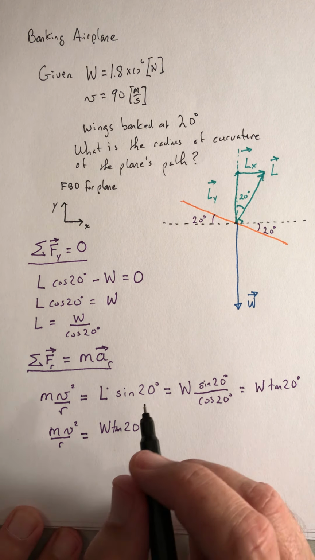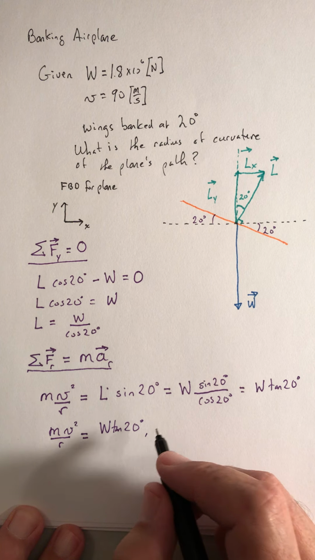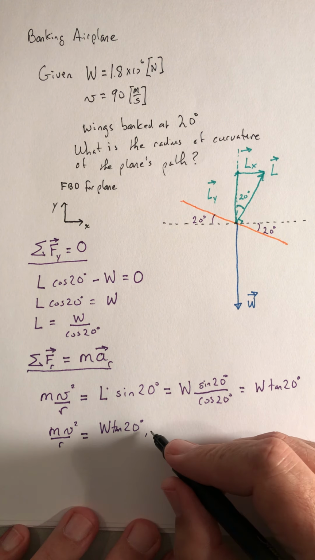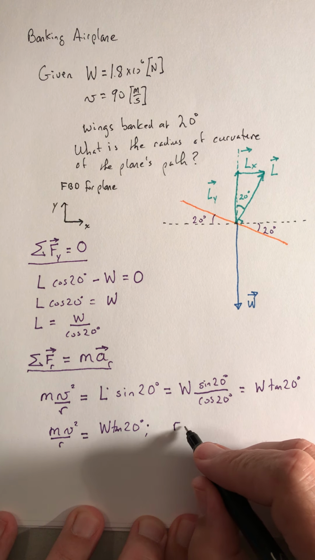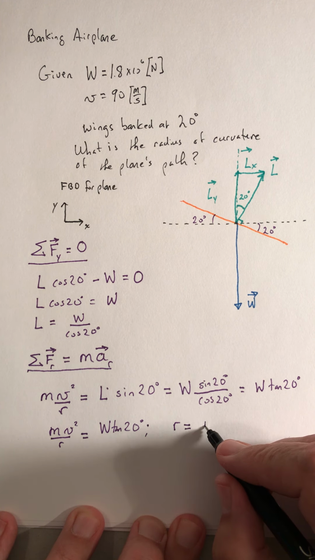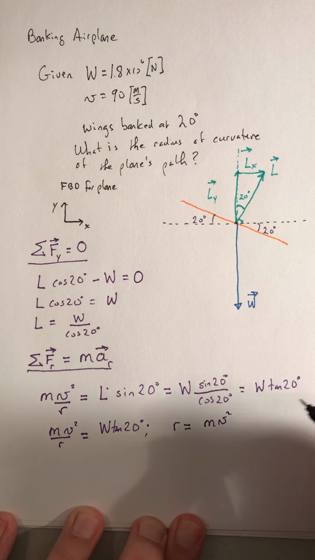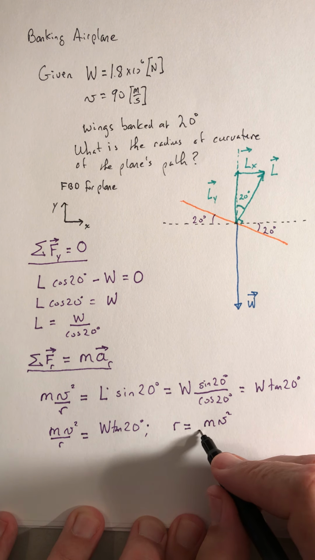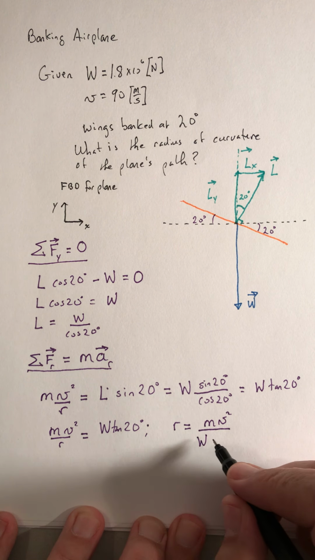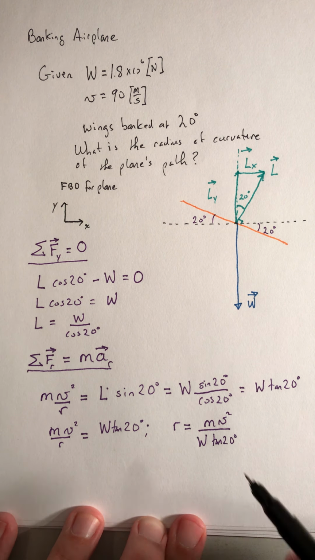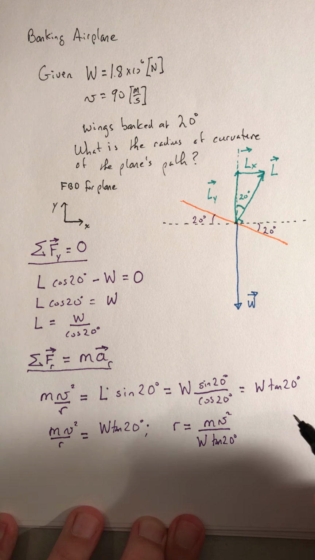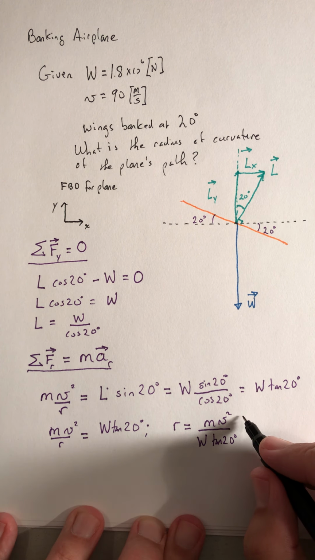I want to solve that for the radius of its circular path. So that tells me the radius is going to be the mass of the airplane times v squared over the weight times tangent 20 degrees. And I don't actually have the mass, so I'm going to do a little rearranging here.